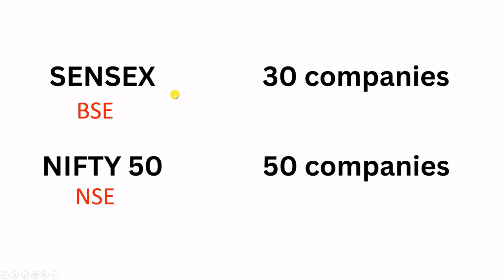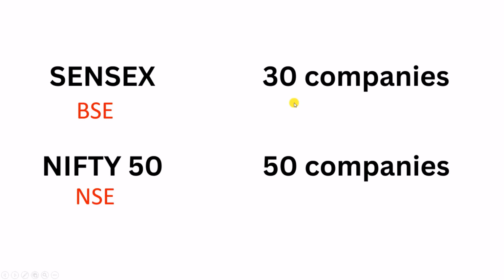Similarly, if it goes up, that doesn't mean economy is doing good. What it means is only these 30 companies or some of these 30 companies are doing good, whereas others might be doing bad. We do not know. So we have to check the value individually to know how they are performing. And so we cannot say that indices tell us how the economy is doing.